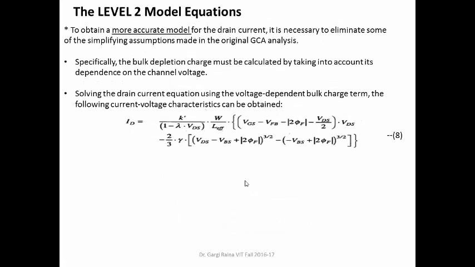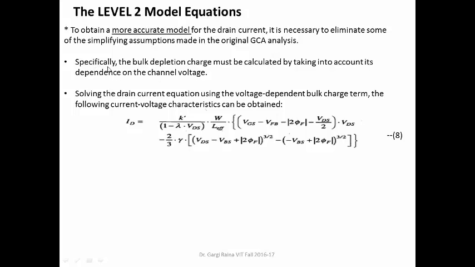Next, we look at the level 2 model equation. So the basic structure is the same, but what now changes for the level 2 model equations, in order to obtain a more accurate model for the drain current, is that we need to remove or eliminate some of the simplifying assumptions that were made in the original gradual channel approximation analysis.